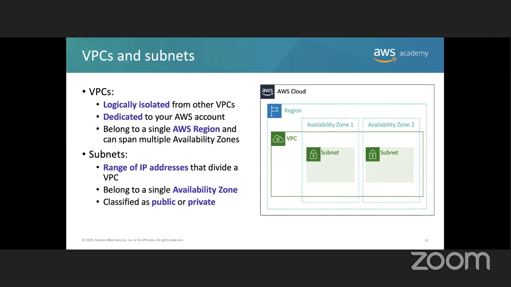Something that doesn't have a connection to the internet, and no one can access your database because it is in a private subnet. So there's something called an internet gateway. That's what connects your subnet, or your resources inside the subnet, to the exterior world, through the internet.